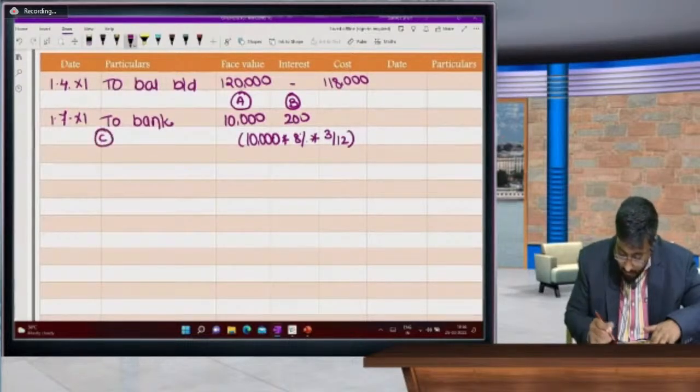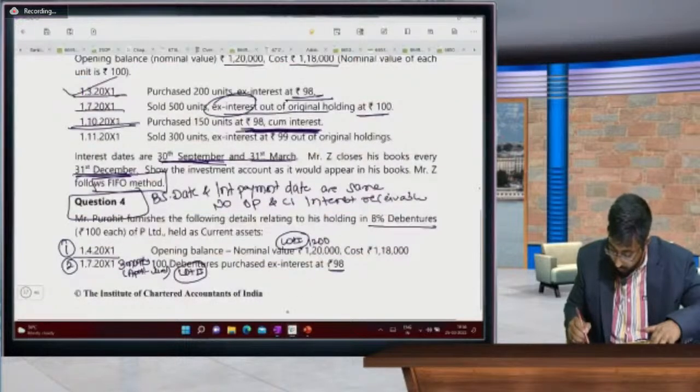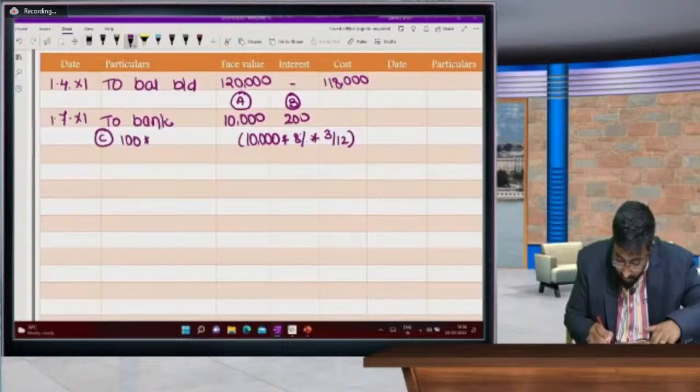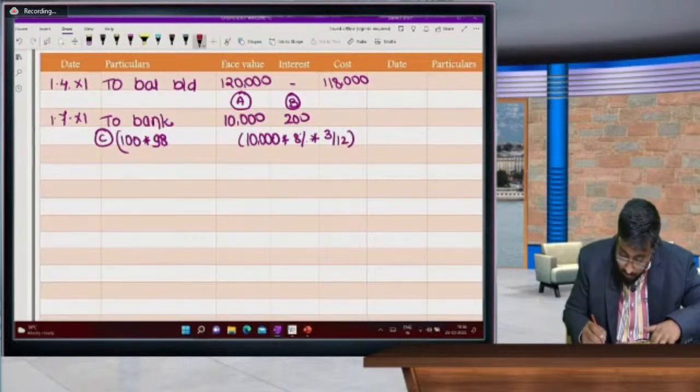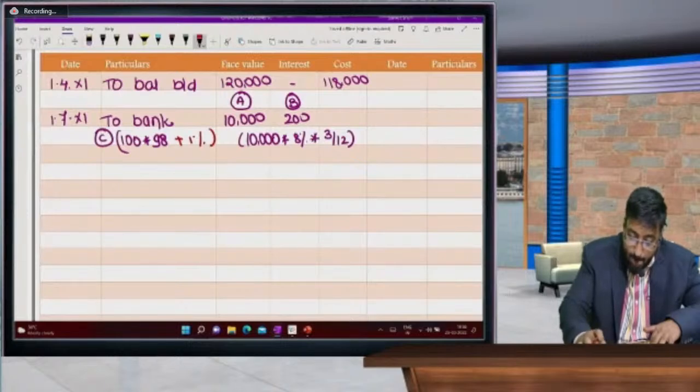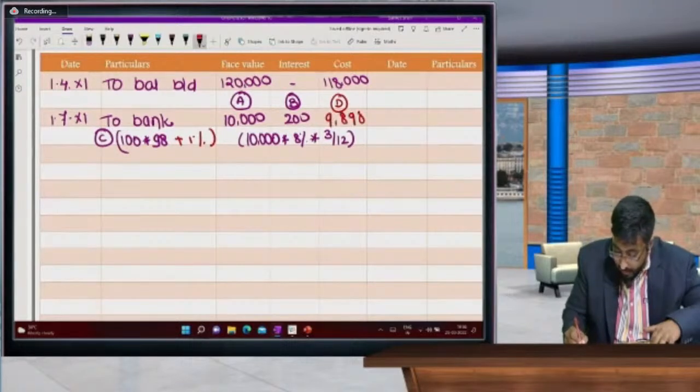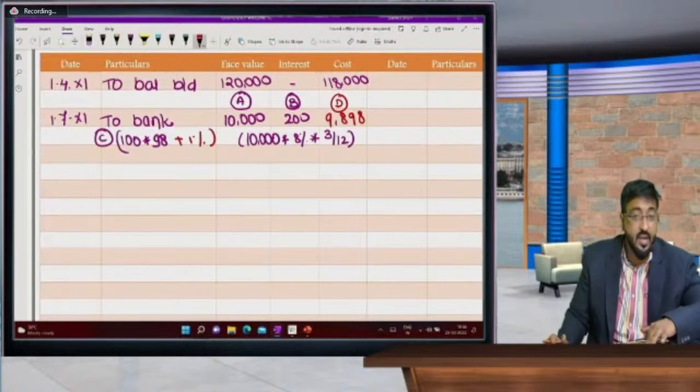See, in the cost column, 100 into 98. Wait. Plus brokerage, in red pen. Plus 1%. 98 in red pen, 9898, it is easy.